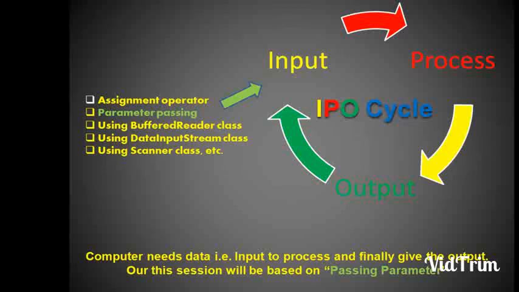Our topic today is parameter passing, but apart from that, there are different ways to give data to the computer, like using buffer reader class, data input stream class, scanner class, etc. Now, why we need data? Computer needs data to process and give you the result. This session will be based on passing parameter.